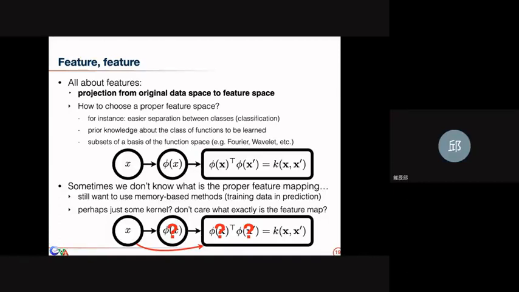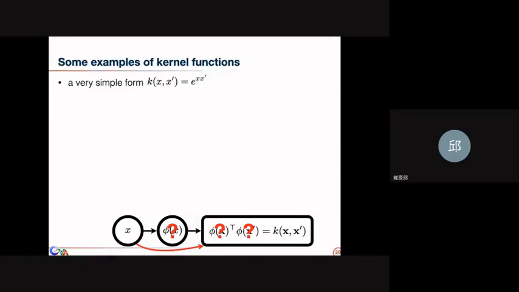Here I would like to give you several examples to show you why you can have such shortcuts, even if you don't know exactly how to compute the feature representation. If you know how to compute a kernel, and this kernel is related to a specific feature representation, then you are already good to go.